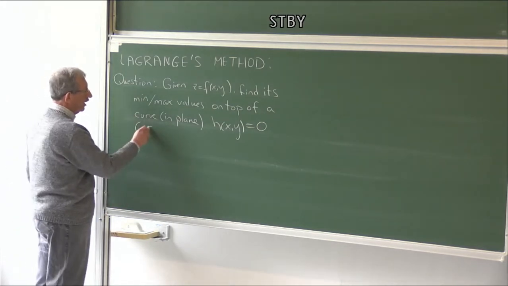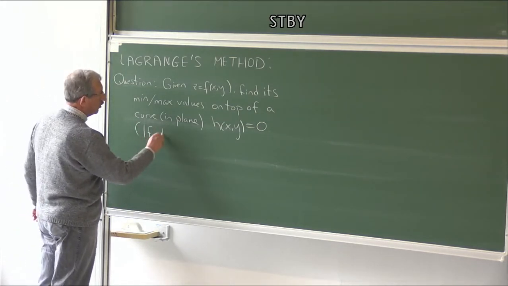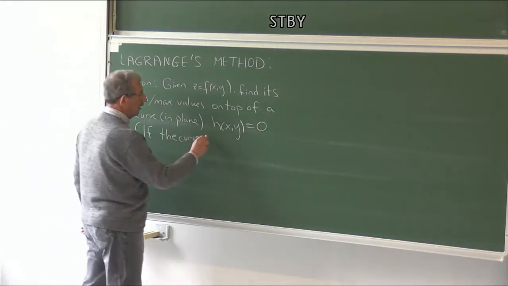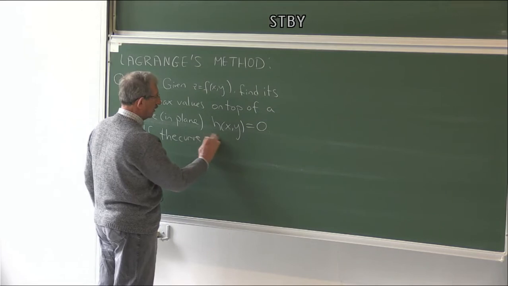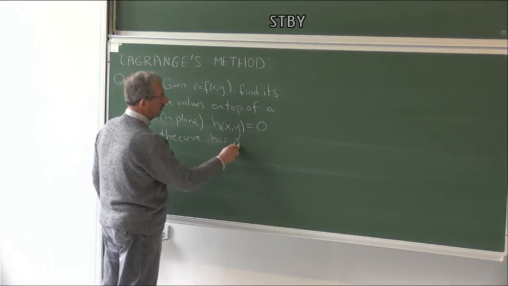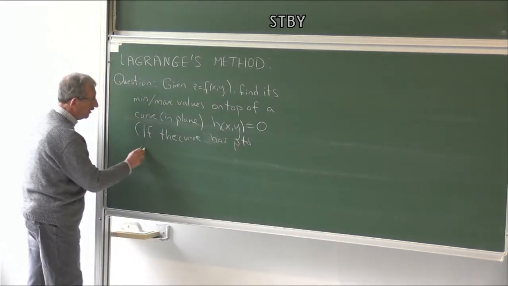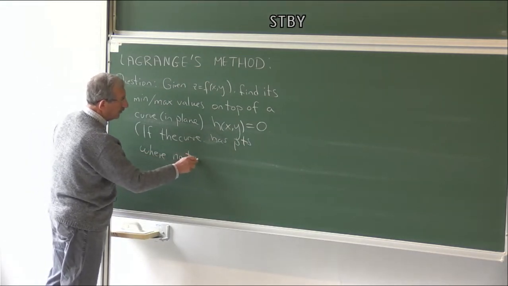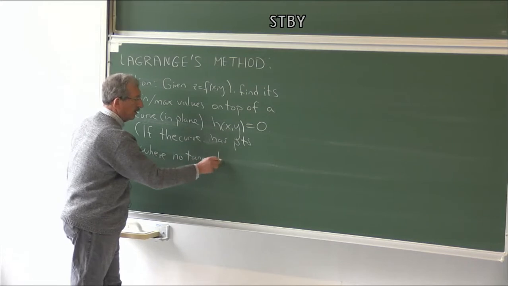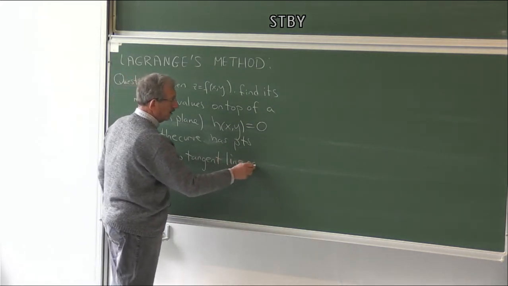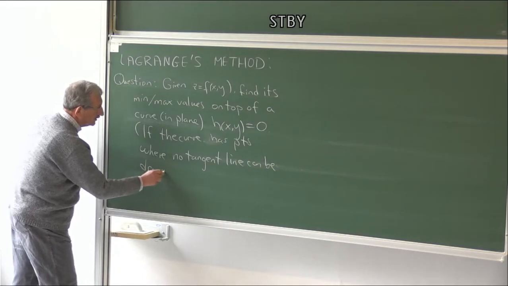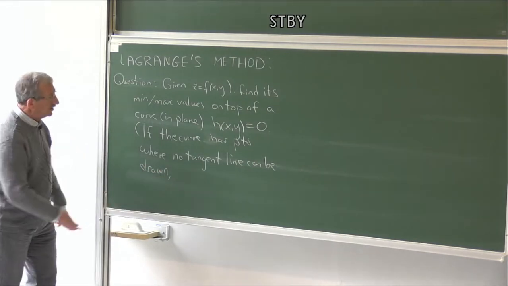So, if the curve has points where no tangent line can be drawn, this includes all the bad cases, okay?